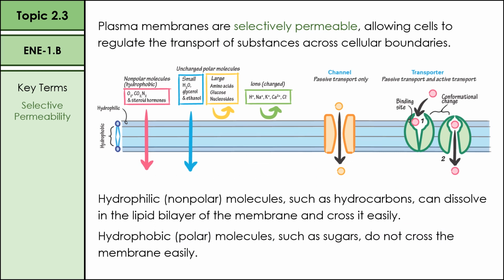So let's talk selective permeability. What about the cell membrane determines whether or not substances can pass through it? Remember that our bilayer is composed of our hydrophilic heads on our phospholipids on the outside, and then on the inside, we have our hydrophobic fatty acid tails. So the first thing that's going to determine whether or not our molecules can pass through is whether they are polar or nonpolar.